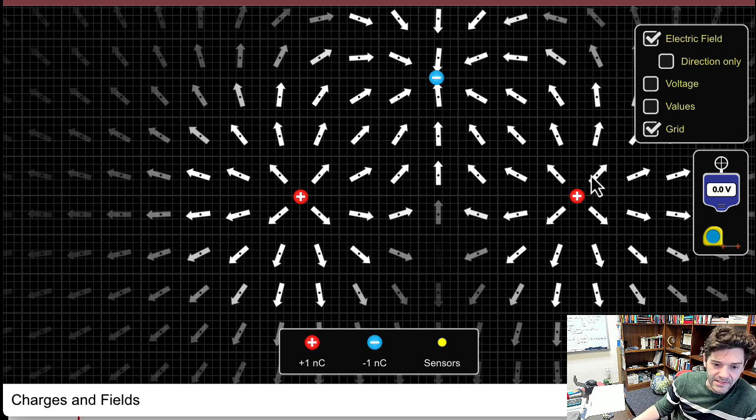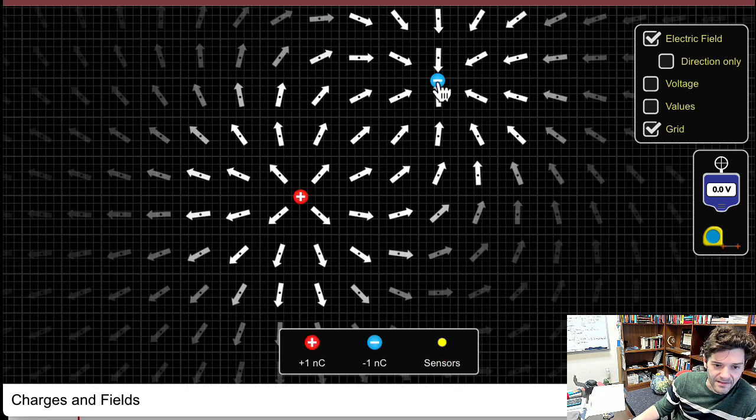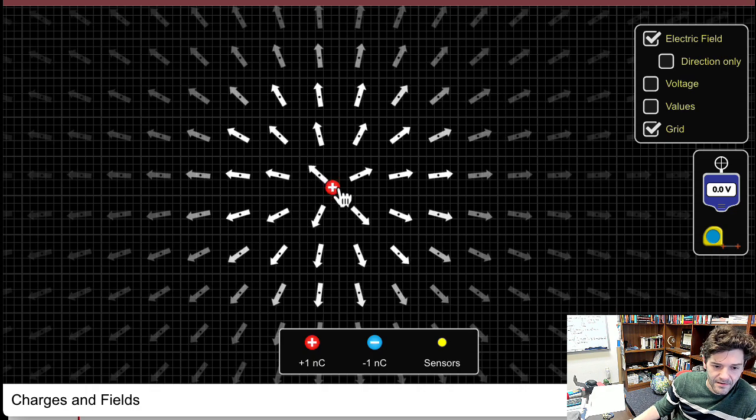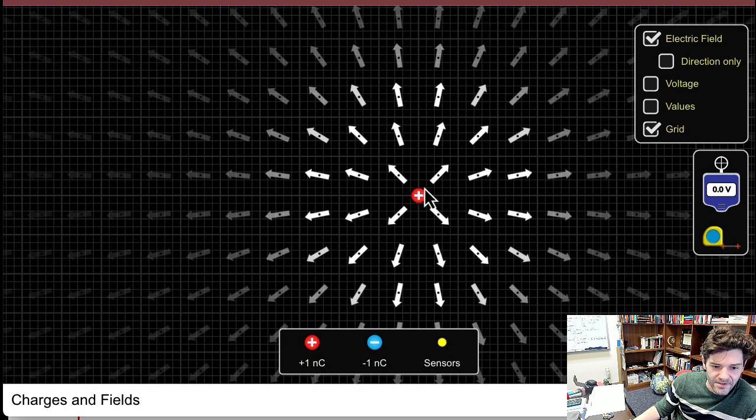Everywhere, let's even take some of the charges away. Let's take that charge away and that charge away. So I have a positive charge right here. Now, everywhere in space, there is a vector I can write down that is the electric field, the vector that is associated with this positive charge that lets the rest of the universe know that that positive charge is there.